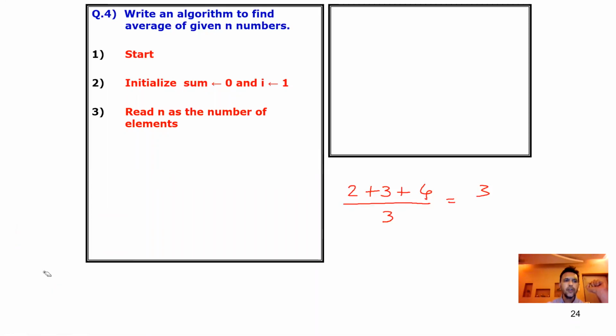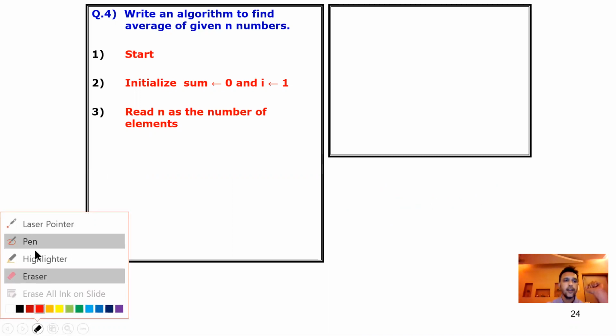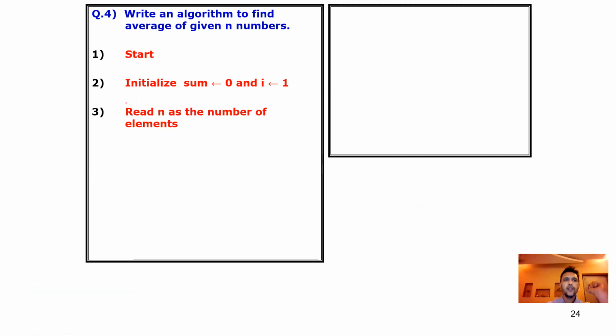One small simple thing: it is not necessary that you write step number 3 in this manner. Instead, you could have written: take n, ask user for the number of elements and store it in n. You can use simple plain English. You can write any English-like words the way you want. It is an algorithm.